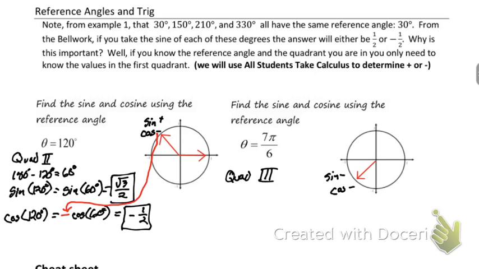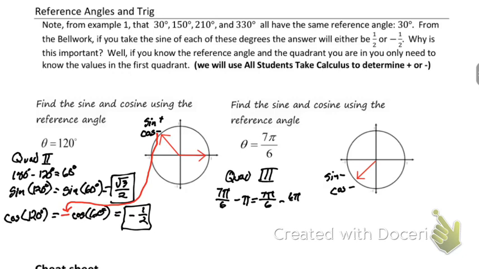If you're in quadrant 3, you are going to take 7 pi over 6, and you're basically subtracting 180, but in radians you are subtracting pi. Oh, hang on, I did 2 pi. All right, we're actually just subtracting regular pi.